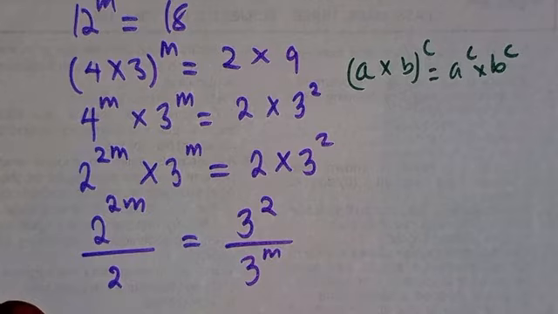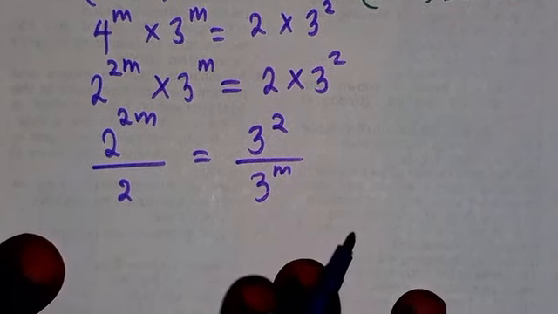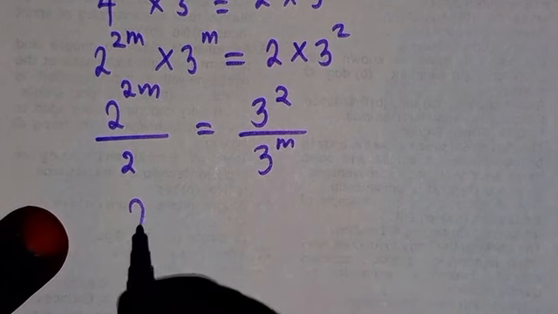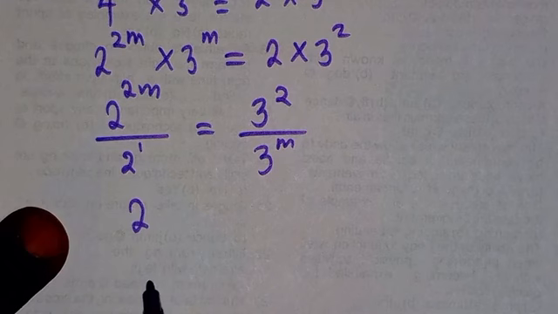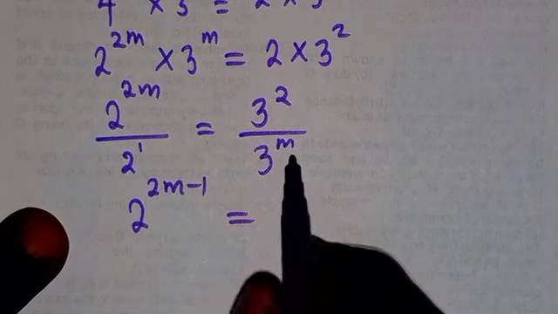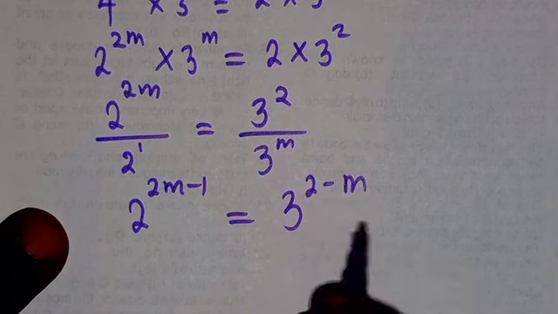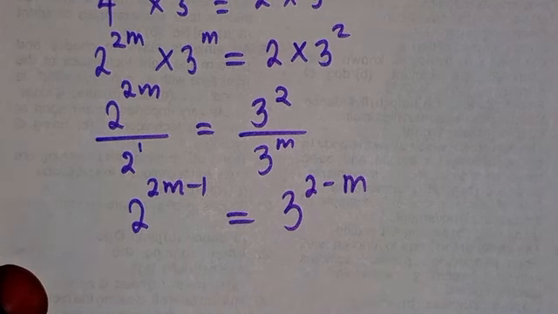I get it now. They have the same base, so we can have 2 to the power 2m minus 1, then equals 3 to the power 2 minus m. Are you following?